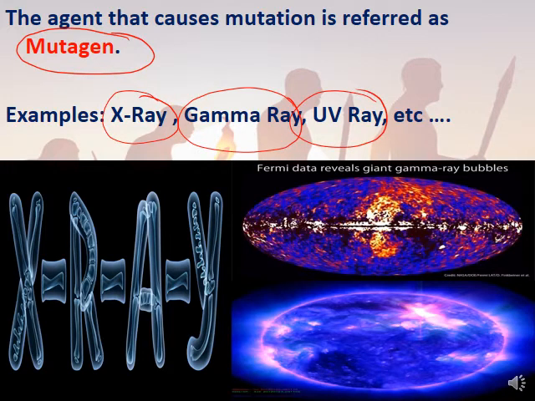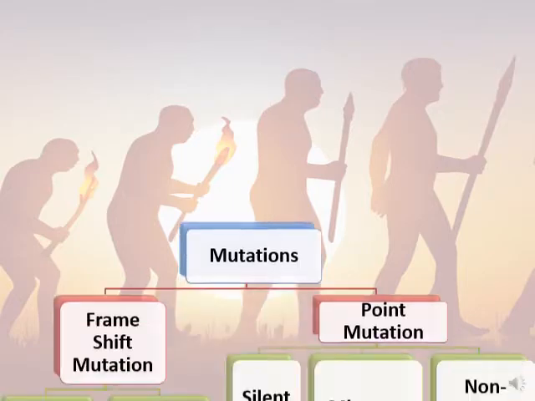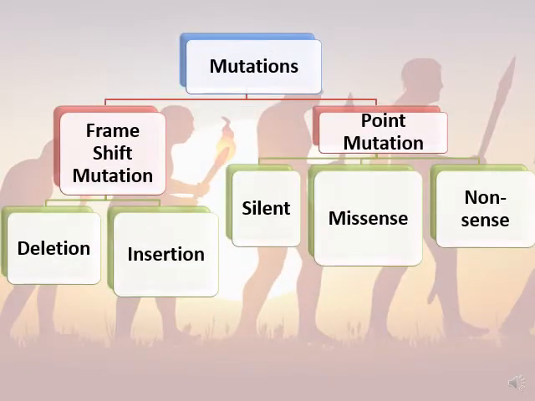Let's move now to the different types of mutation that exist. We have mutations that are either frameshift mutations or point mutations as substitution. Frameshift mutation can be divided into either deletion or insertion.